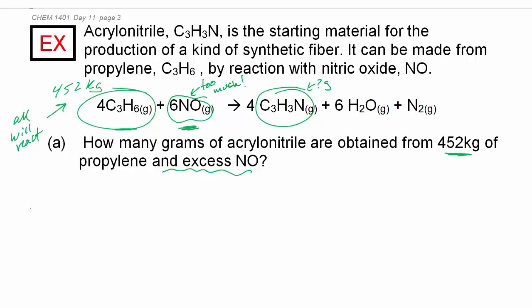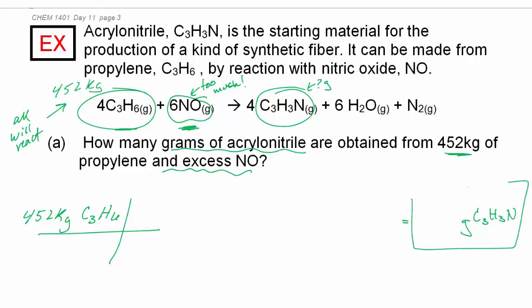Start with the measurement. 452 kilograms of propylene, C3H6. We're going to convert and stop converting when we end up with grams of acrylonitrile. Stop there, and we'll have our answer.